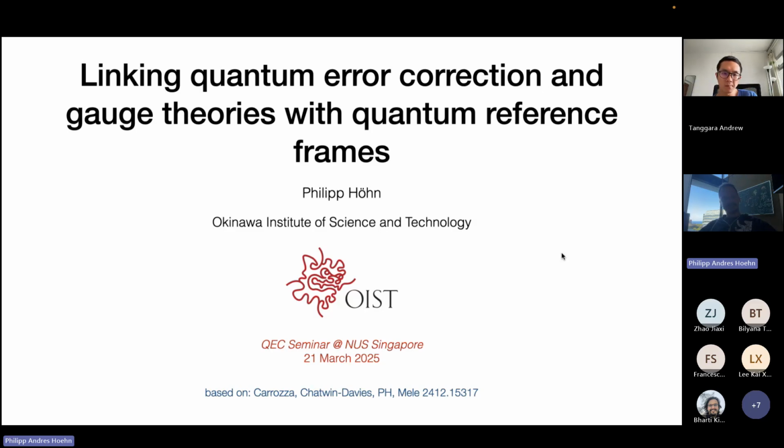This is maybe something that you are not familiar with if you work in quantum error correction. But you can think of them basically as a universal tool for dealing with symmetries in quantum systems. This talk is based on a paper with my collaborator Sylvain Carrozza from Dijon, and then Aidan Chatwin-Davies and Fabio Mele, who used to be postdocs in my group.